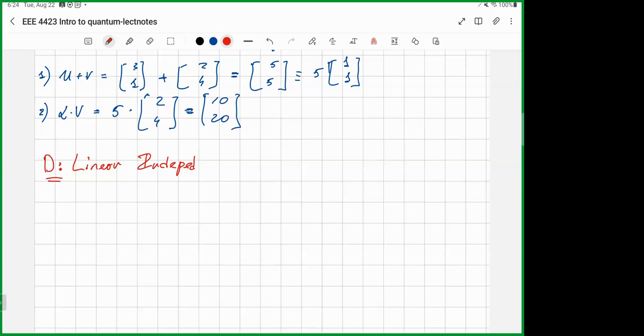Yes, putting this D here means that this is something important to know, to remember. So, linear independence. Let's formulate it this way.